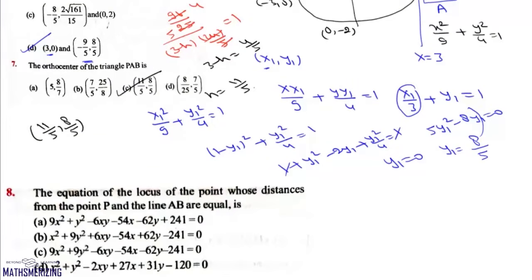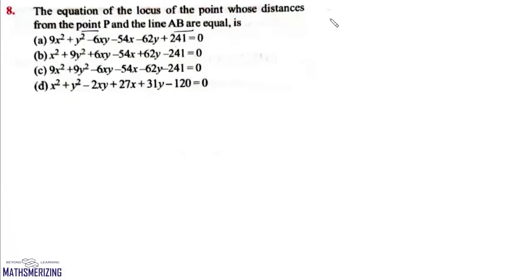Now it says we need to find the equation of the locus of the point whose distance from the point P and the line AB are equal. Now this point P is (3, 4). The equation of the ellipse is x square upon 9 plus y square upon 4 equals 1.